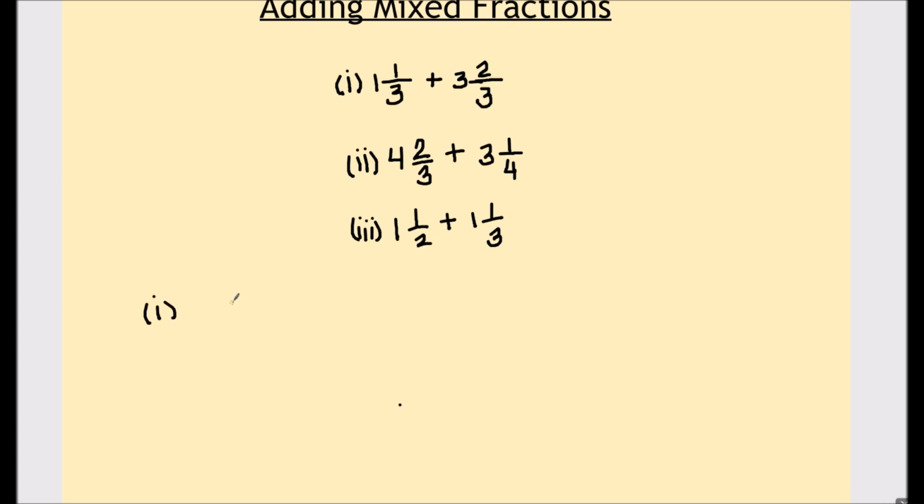In our first example we have two mixed fractions, 1 1/3 plus 3 2/3. The first step in adding mixed fractions is to convert these fractions into improper fractions.